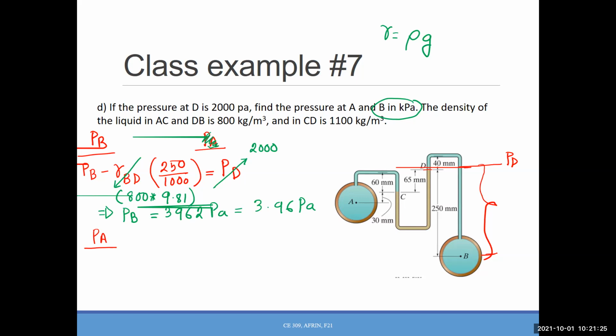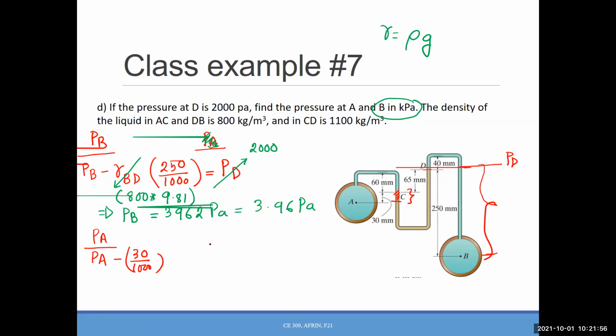Okay, so it seems almost all of you got the answer. So let's do it together. If I start from PA, where is the next interface? If I start from A, C, which is above point A, right? So I will add this amount of fluid here, which is 30/1000. And what is the density of that fluid?